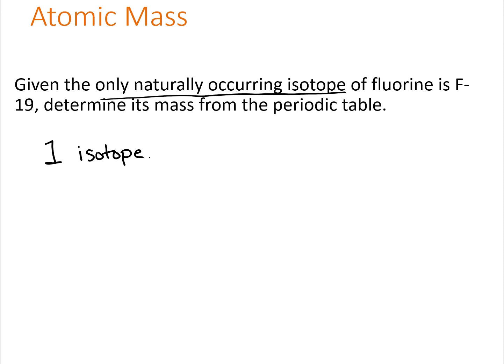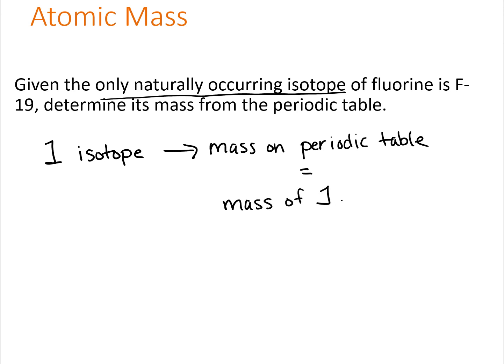If there's only one isotope, the mass on the periodic table is the mass of that isotope. So in this case, we've got F19, fluorine. You look at the periodic table and you see what it says.